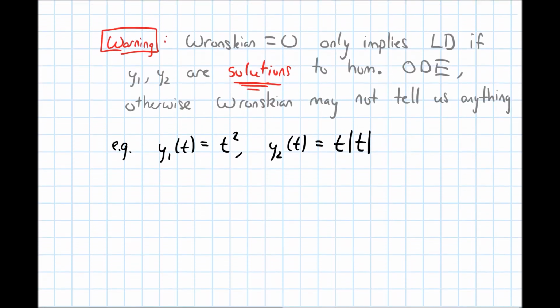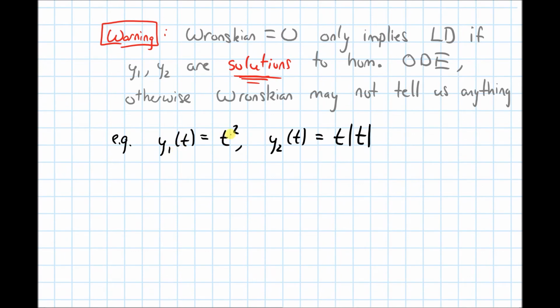So let's say we have these two functions. y1 is t squared and y2 is t times the absolute value of t. So these two functions, just by looking at them, are not scalar multiples of each other. So these should be linearly independent, just by inspection.